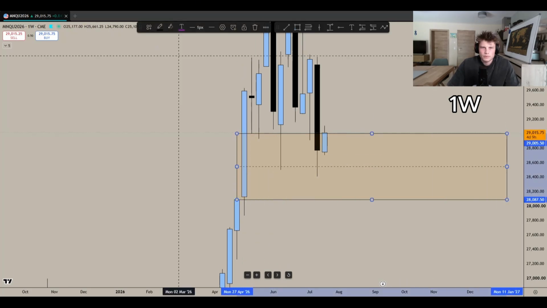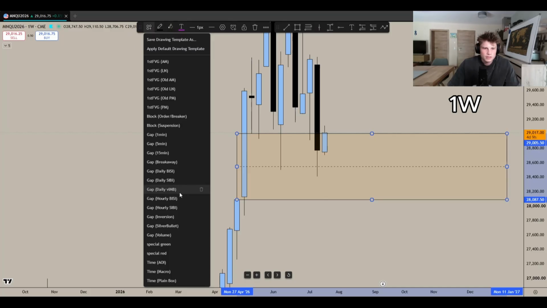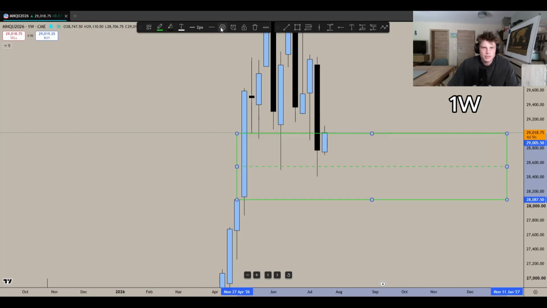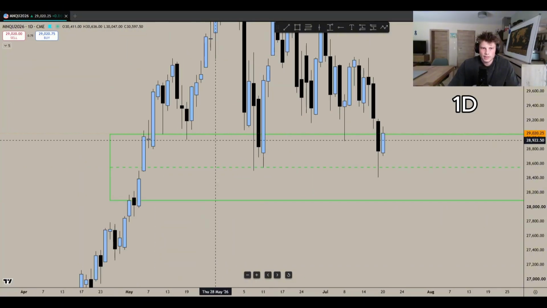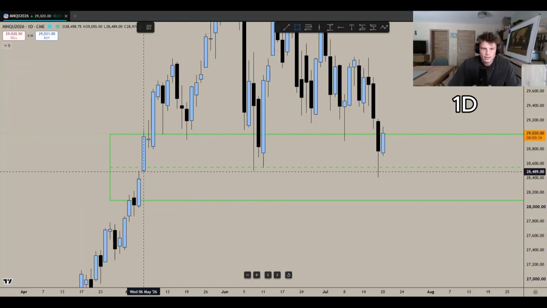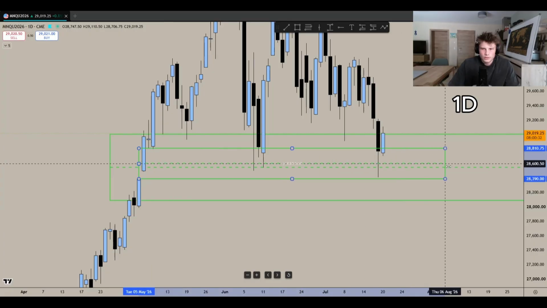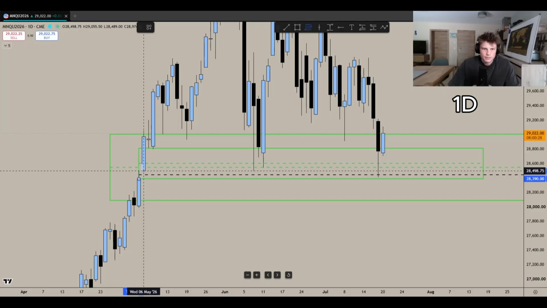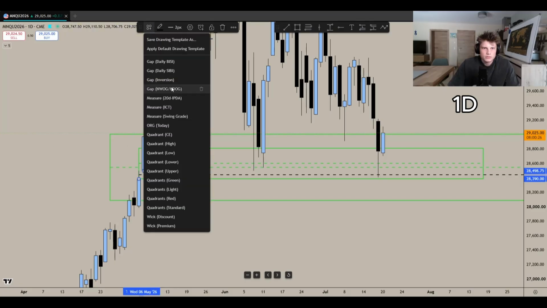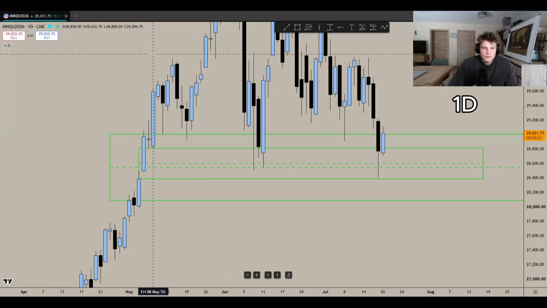Boom, that's going to be daily SIBI. And on the daily, so that was the weekly. Now the daily, we got this one here, which we're also going to mark up, and I'm going to mark up this gap right here, which is an inverse walk, just like that.